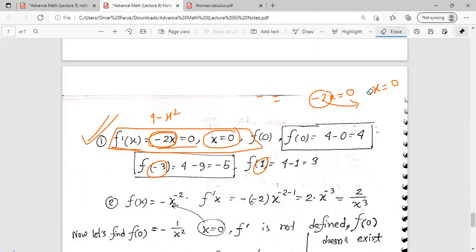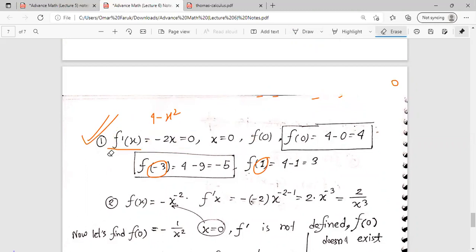Our function is 4 minus x squared, so f of minus 3 will be 4 minus 3 squared, that means 4 minus 9, which is minus 5. And f of 1 will be 4 minus 1 squared, that means 4 minus 1, or 3.